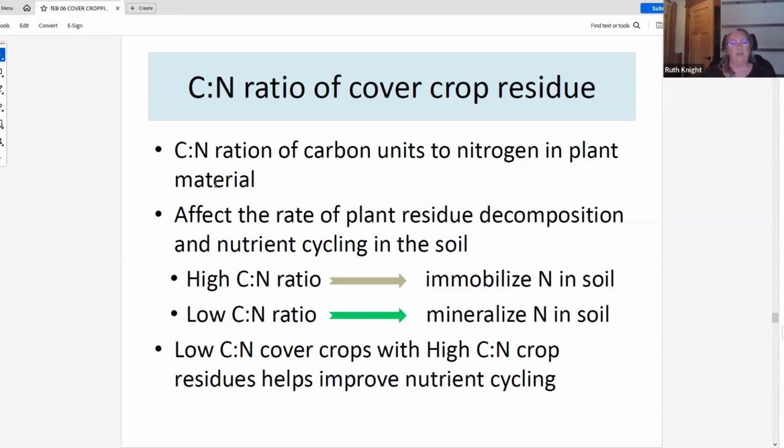So low carbon nitrogen cover crops before a high carbon nitrogen crop residue helps to improve nutrient cycling. So balancing out where it fits and where you might terminate it is a helpful consideration in terms of cover crop and cover crop residue.